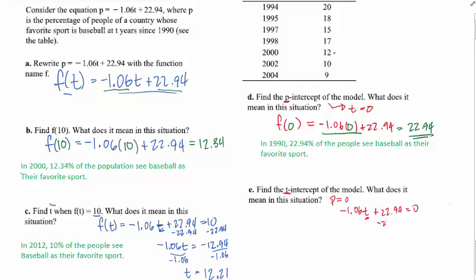So to solve for t, I would probably want to subtract 22.94 from both sides. So I have negative 1.06t is equal to negative 22.94, and I would proceed by dividing both sides by negative 1.06.